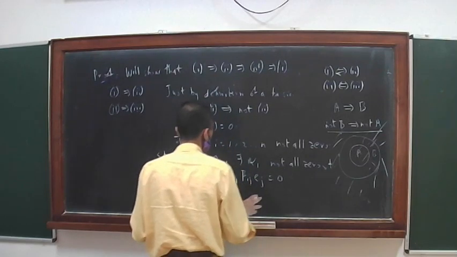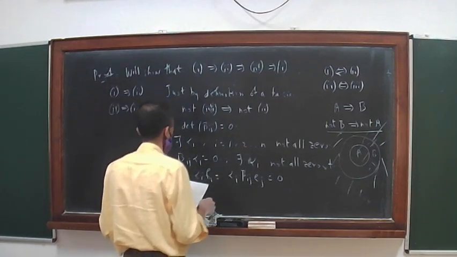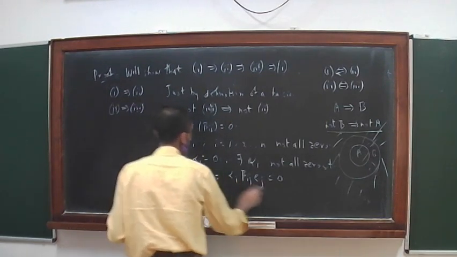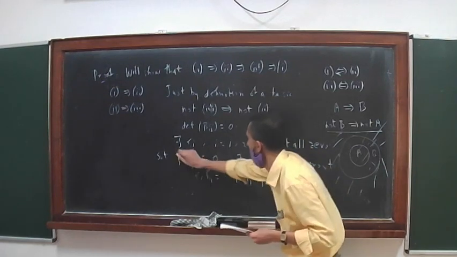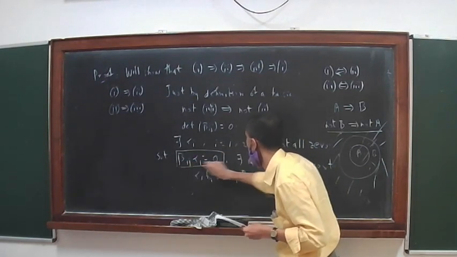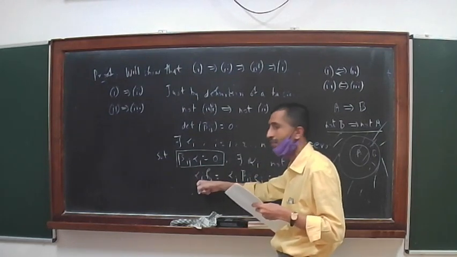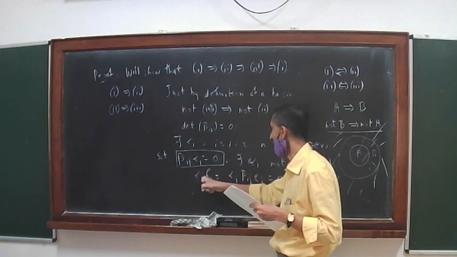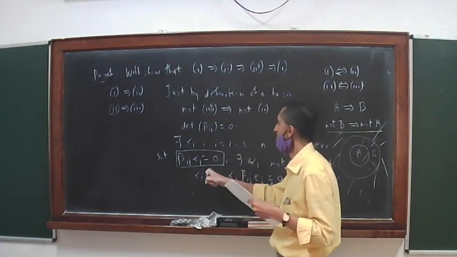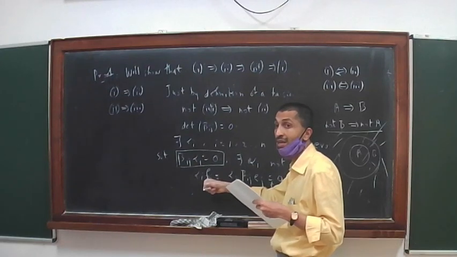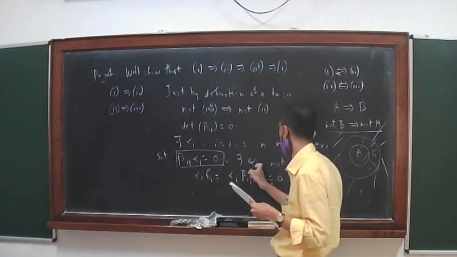So let me just write it down here. Actually, this statement that this is equal to 0 follows from this one. What we have now shown is that there exist some alpha i's such that the sum of alpha i fi is equal to 0. So that means your fi's have to be linearly dependent, because there exist some alpha i's which are non-zero such that this holds.